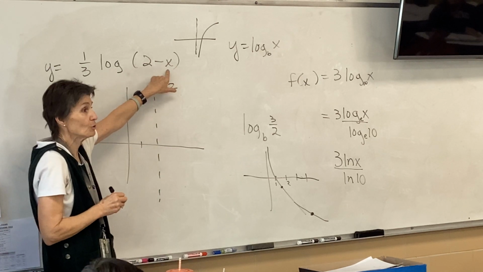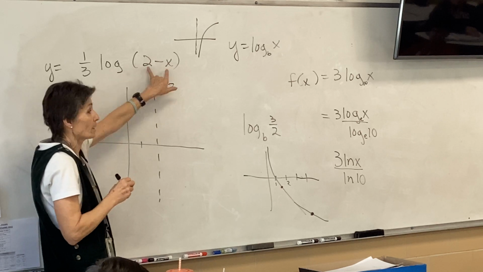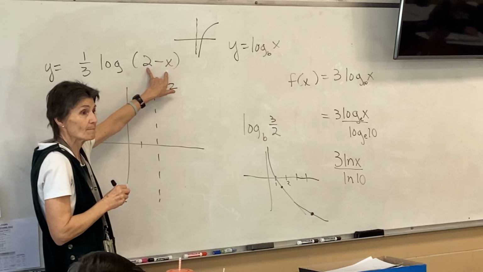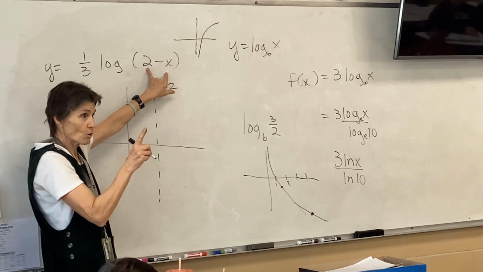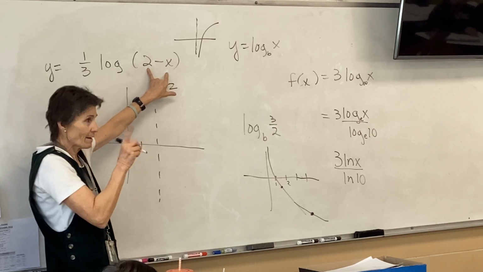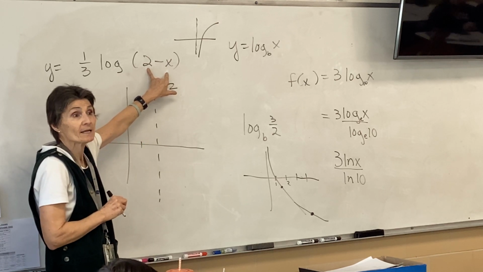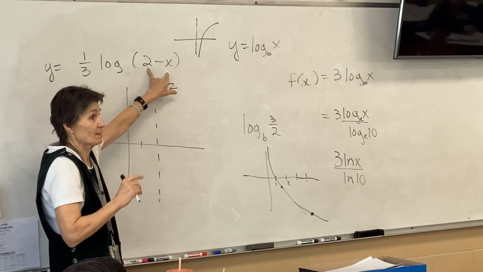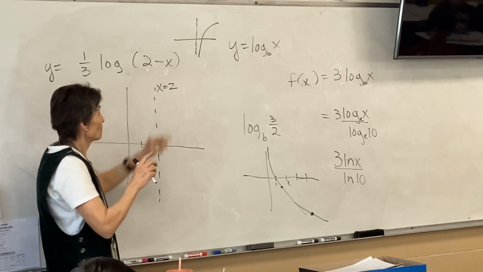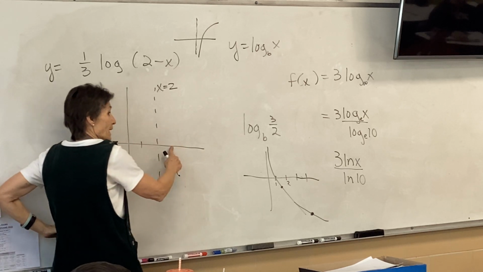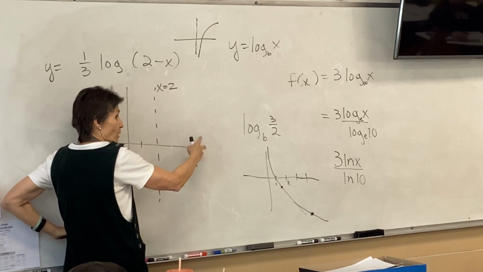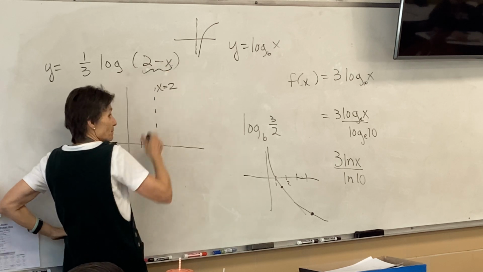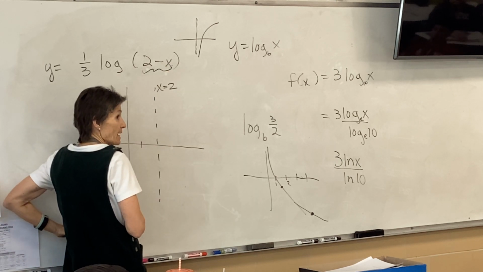If you plug 2 in, what are you taking the log of? 0? Can you do that? No. Furthermore, whatever you take the log of has to be positive. So there's 2 ways you can think about this. One way is, what happens if you let x be 3? What if we're over here on the right side of the asymptote? It's negative.